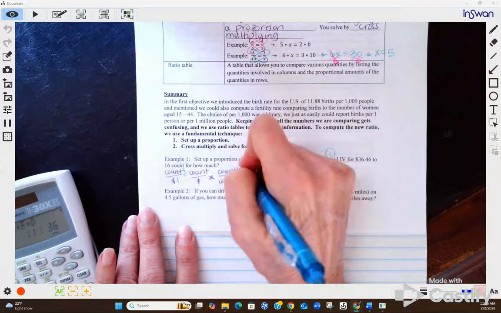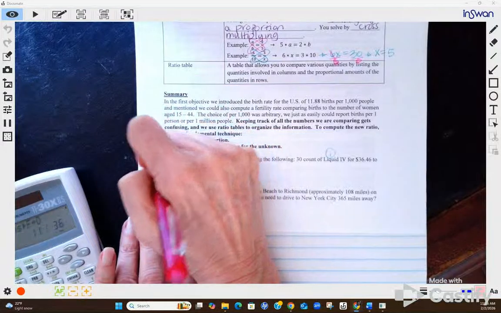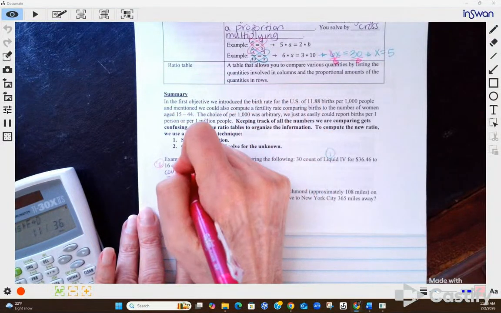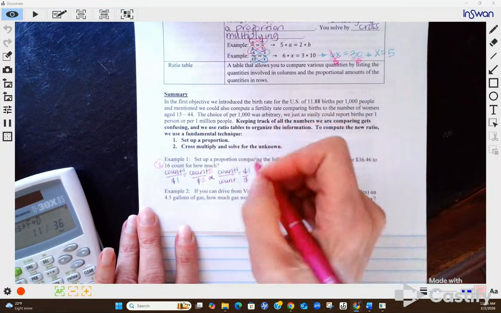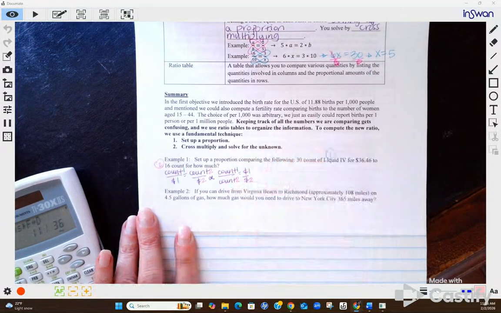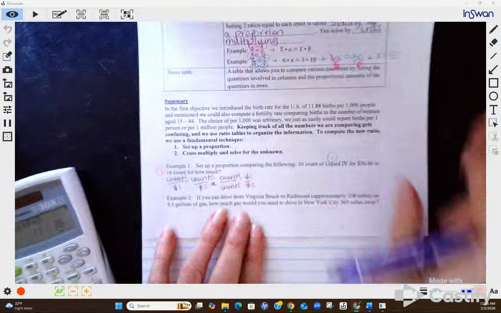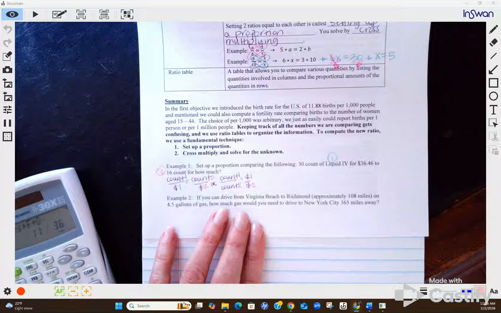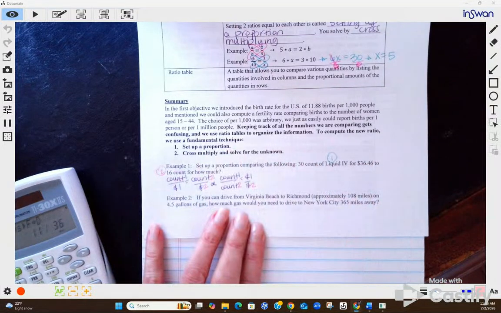And if this was the second situation, then we would do the count for one over the price for one equals the count for two over the price for two. Or the count for one over the count for two equals the price for one over the price for two. So it's got to be set up in an organized way, but as long as that holds true, then it will work. You'll still come up with the same answer, and the work won't be any harder, whichever way you choose. So I've decided to just stick with one situation and then make it equal to the other situation.